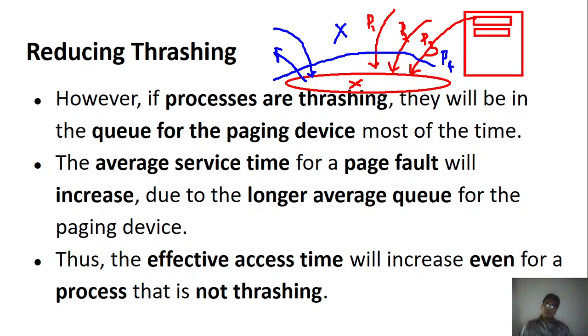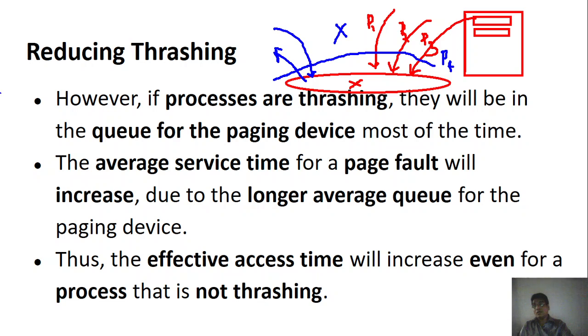Now, those processes which had a page fault are definitely bound to wait. They have lost their time with the CPU, and they will have to wait. But what about the other so-called innocent processes? They didn't have any page fault, they wanted to use the disk, but the secondary storage is busy processing the others. So what happens is the service time keeps decreasing.